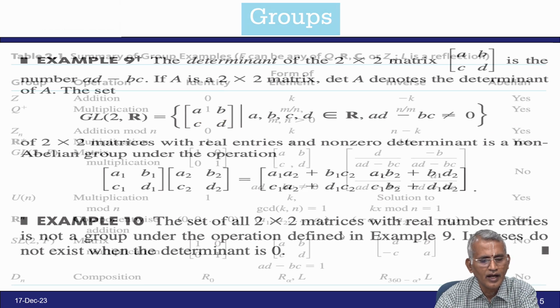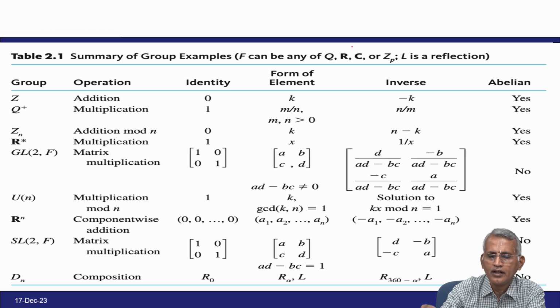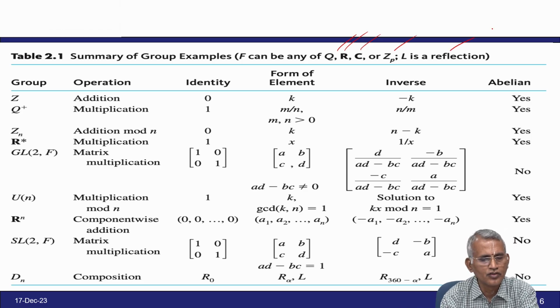Next we have a summary of the groups, where F can be any of the rationals, reals, complex numbers, or integers modulo P, and L is a reflection. So, these are all standard notations of set theory.